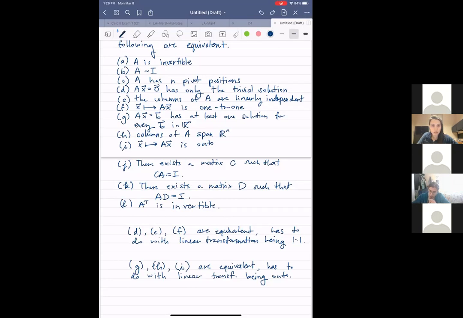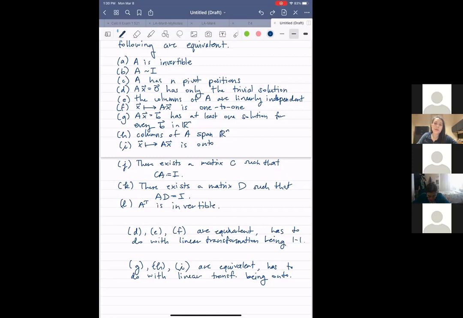Just a question. So if the linear transformation AX is both onto and one-to-one, wouldn't that mean every vector B in Rn would be hit by exactly one vector X in the domain?